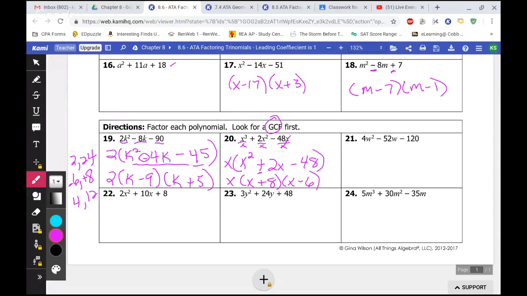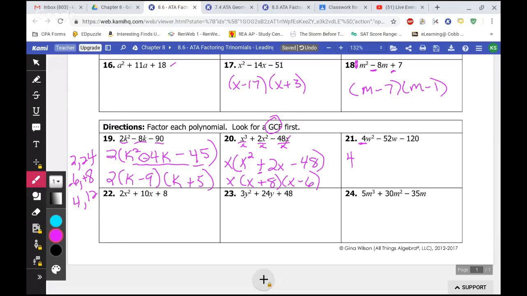So on number 21, you can see that each one is even, so you know 2 is going to go in it. But since this leading coefficient is a 4, and you've been working with a leading coefficient of 1, I would suggest that possibly we can take a 4 out of each one. Does that make sense? Yes, ma'am.